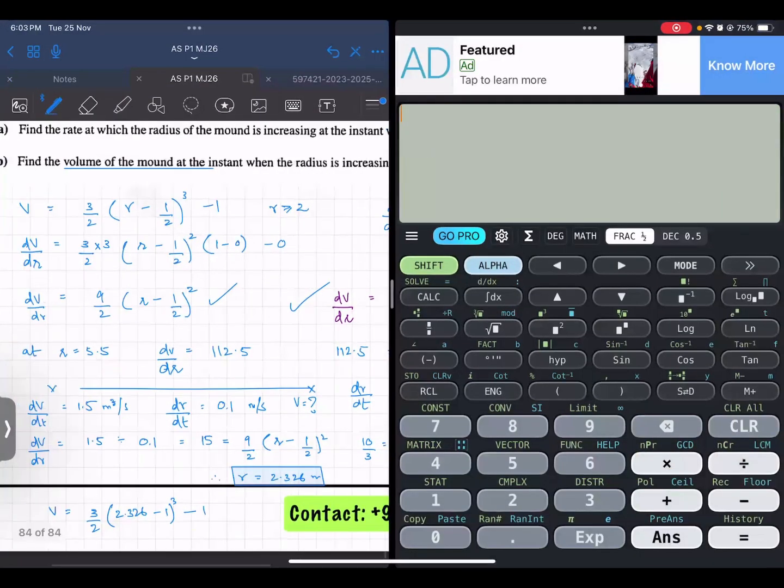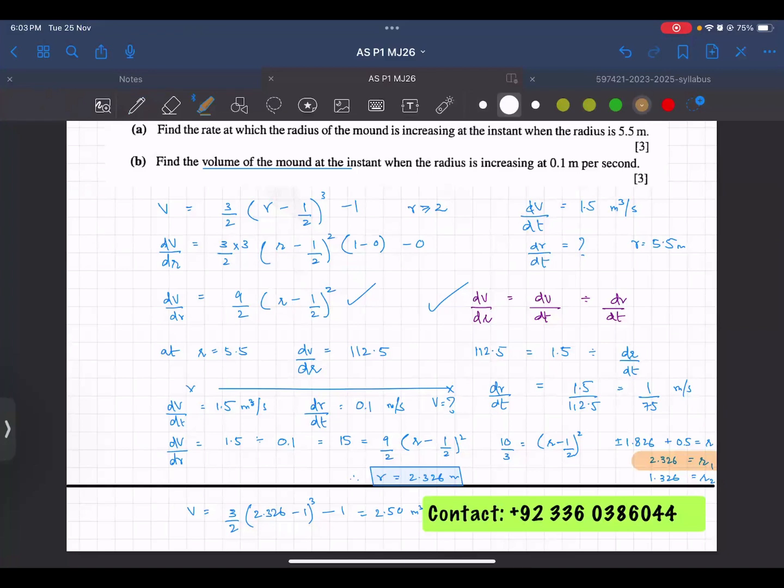You will use a calculator. 2.50 something, if you round it off, meter cube. This is your final answer.